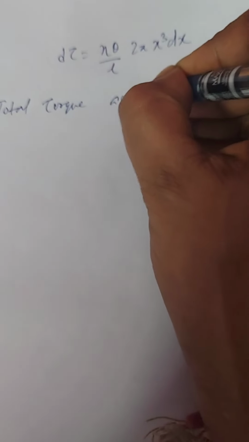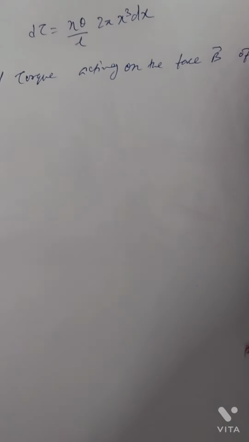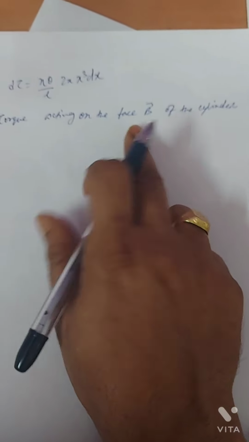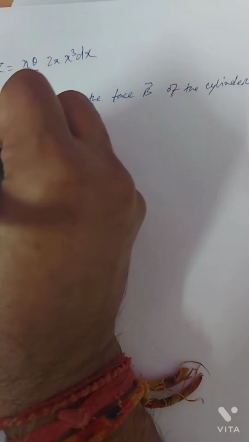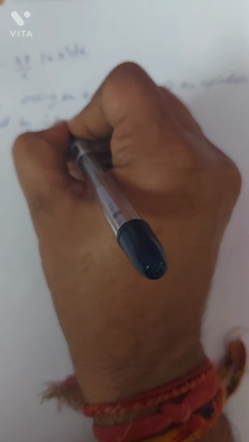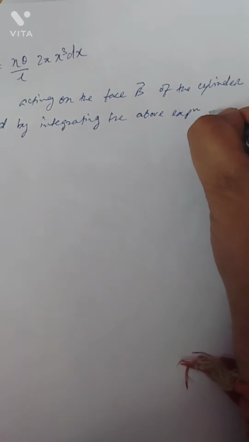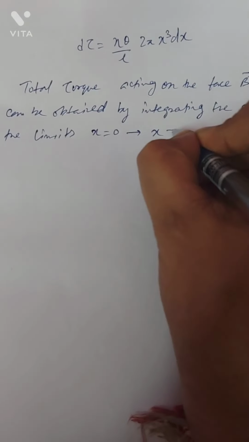Now the total torque acting on the face B, or the fixed face, or the free face, of the cylinder can be obtained by integrating the above expression between the limits x equal to 0 to x equal to r.